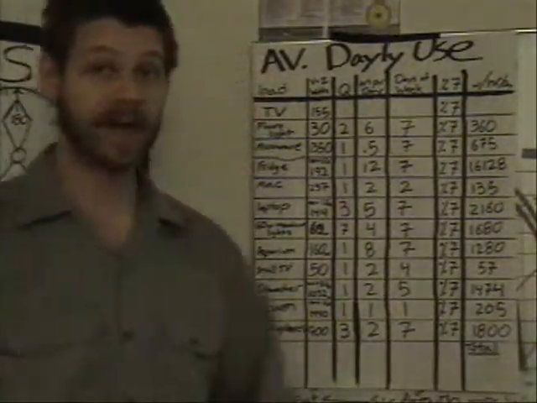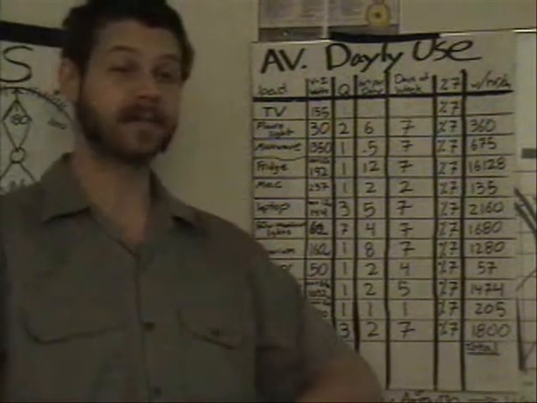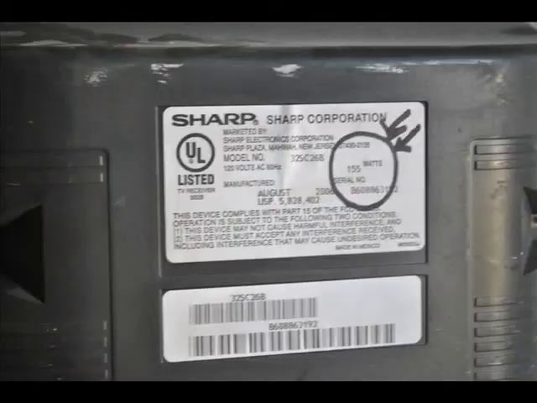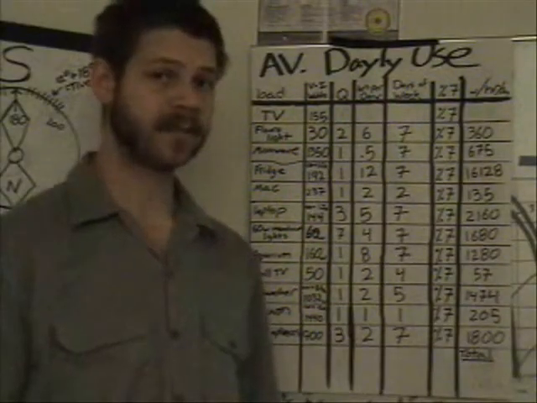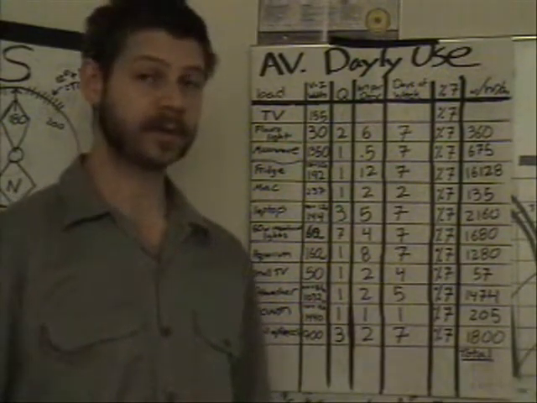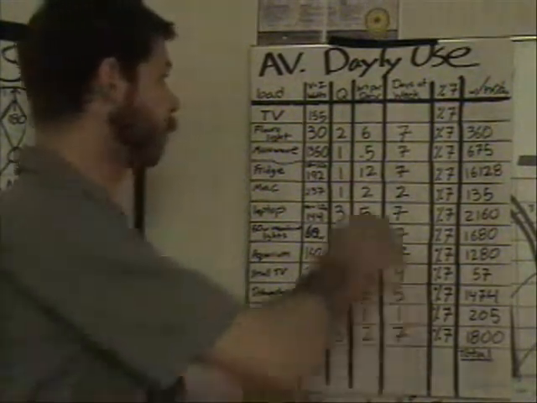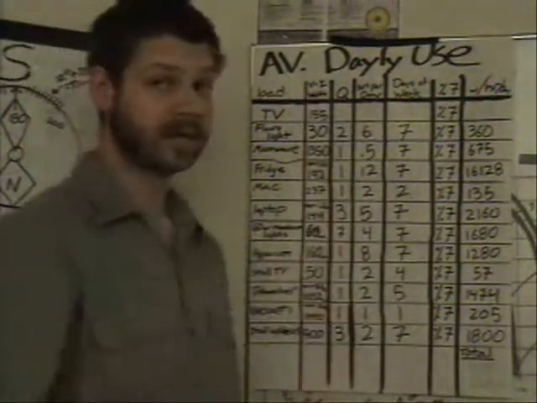For example, my television, on the back, and there's a picture of the labels that every appliance is required to have. It'll show you its voltage and amperage and its wattage draw. Some appliances only put the amperage on there, and it's very easy to determine. As you recall, volts times amps equals watts.